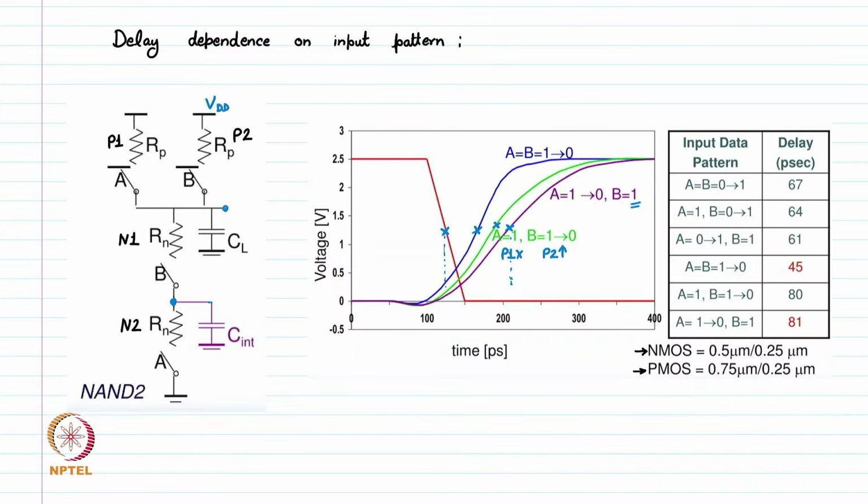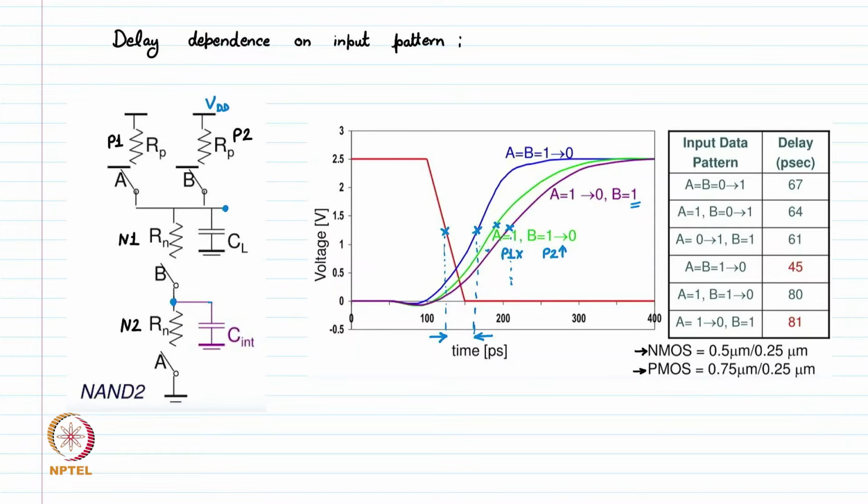This output only needs to be pulled up by P1 and P2. So we can see this is a fast rise compared to the other two cases and the delay is less. So this is the delay in case both of the inputs A and B are going from 1 to 0.